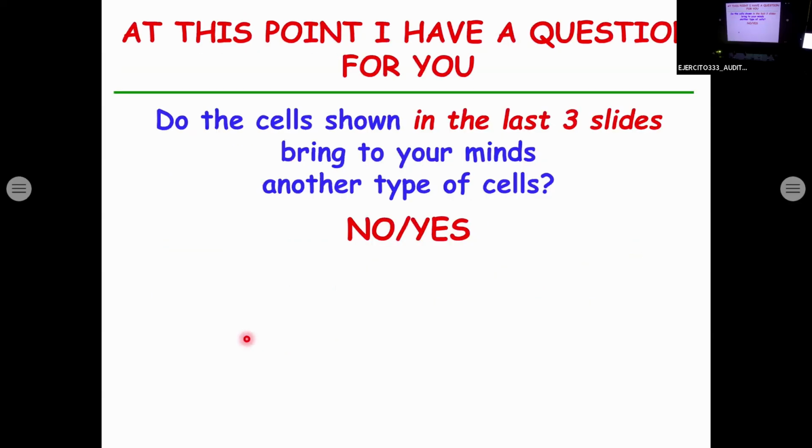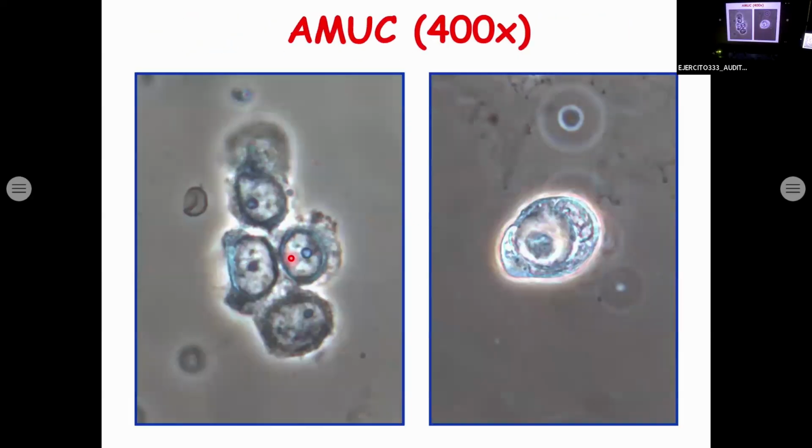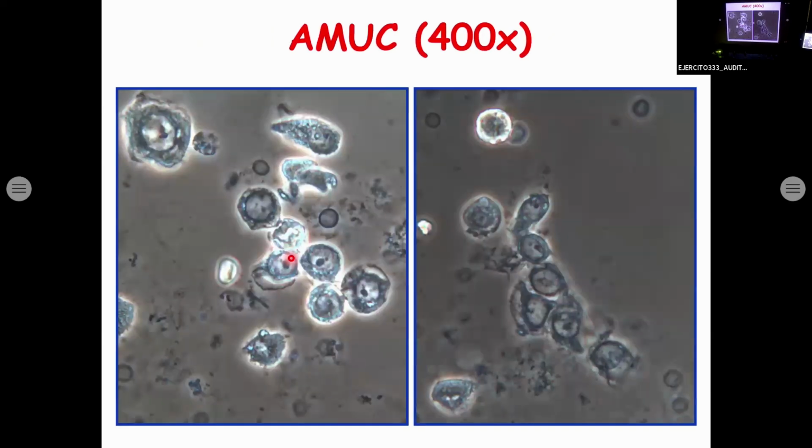Okay. At this point, I have a question for you. Do the cells shown in the last 3 slides, and we will go back to them, bring to your mind another type of cells? So I go back to the last 3. 1, 2, 3. And I go to 1.